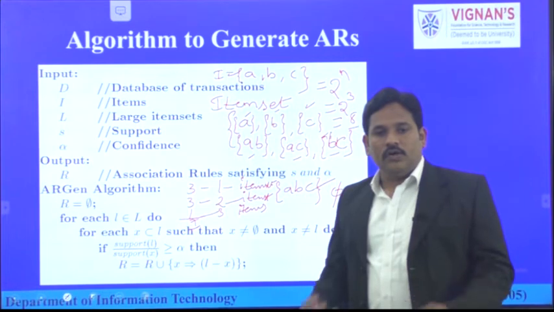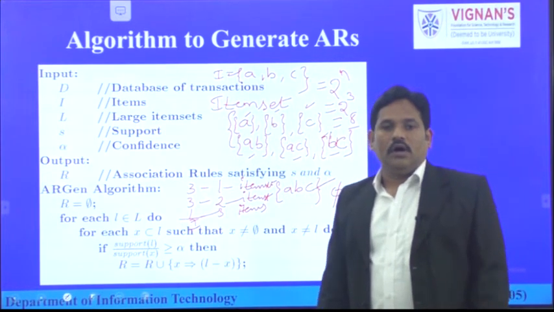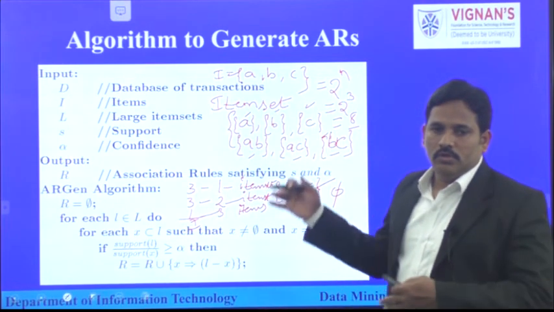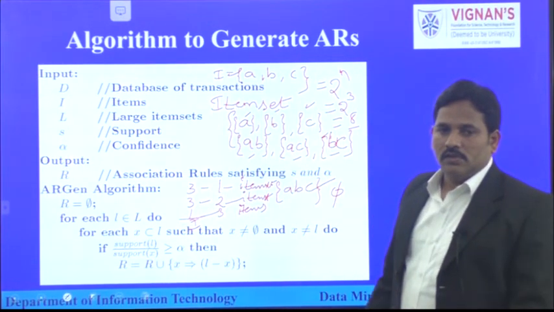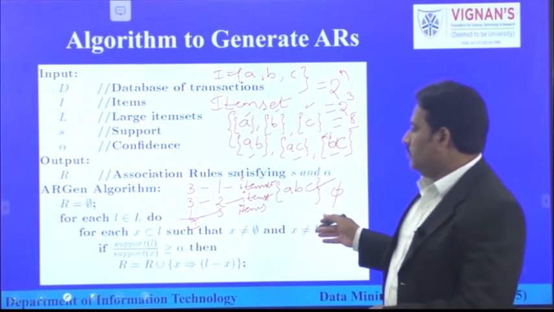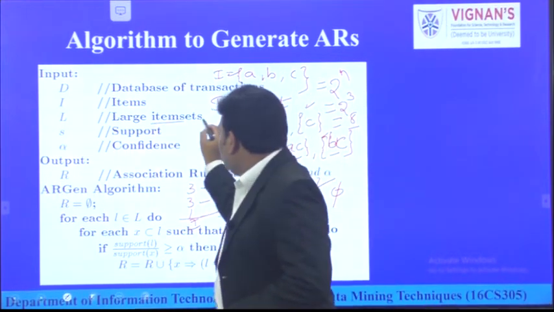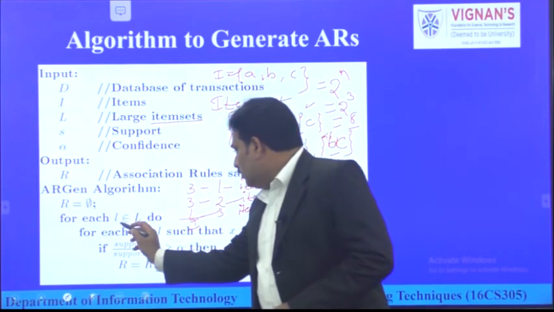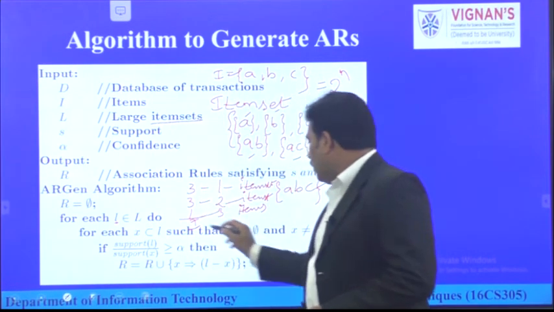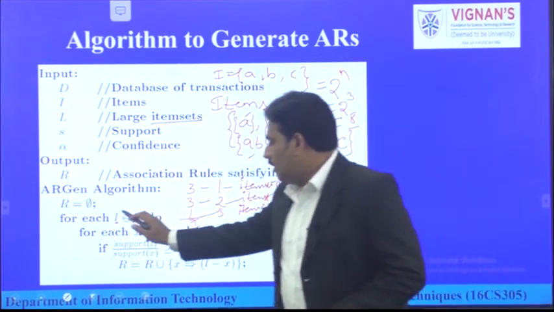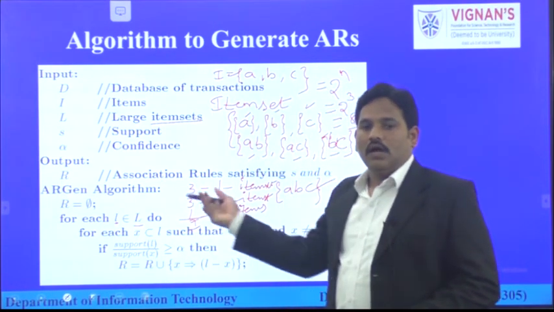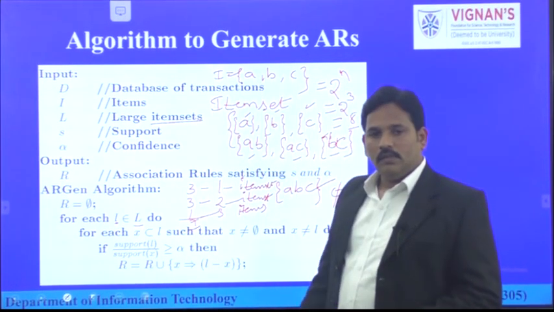So like this, we have to find all possible item sets: 1 item set, 2 item sets, 3 item sets, 4 item sets, up to n item sets, based on the required large item set that we can apply here. That is the meaning here. Here small l is among all these 7 item sets, and l obviously belongs to large item sets.